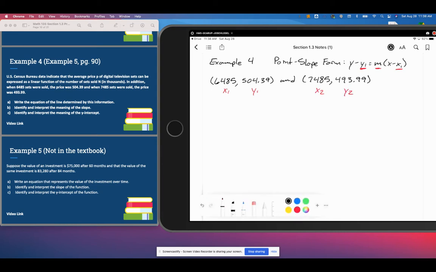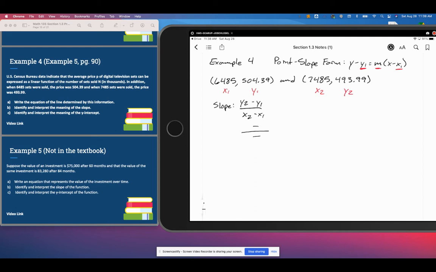And again, to do the slope formula, we need y2 minus y1 over x2 minus x1. And so as you do this, again, I'm going to really strongly suggest that you put these minus signs on here before you put numbers in so that you don't end up forgetting a negative sign.